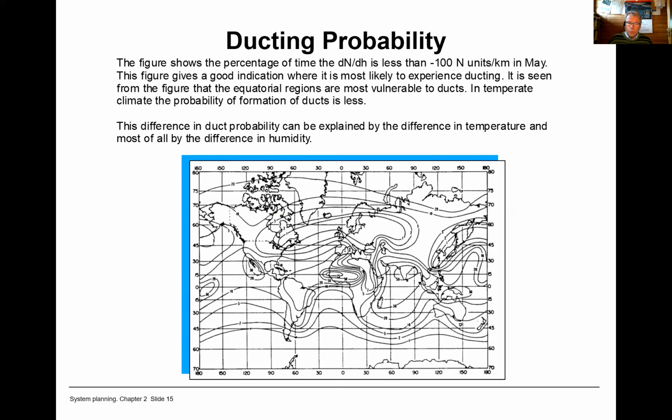So the closer you are to the equator, the more likely it will be that you have ducts. And that is, of course, because of the high temperature and also the moisture in the atmosphere. If you go, for instance, to Norway, where I live, you see it's just 1%, not 75 as in the western part of Africa, but there are still multipath fades on long paths, typically during the summertime.